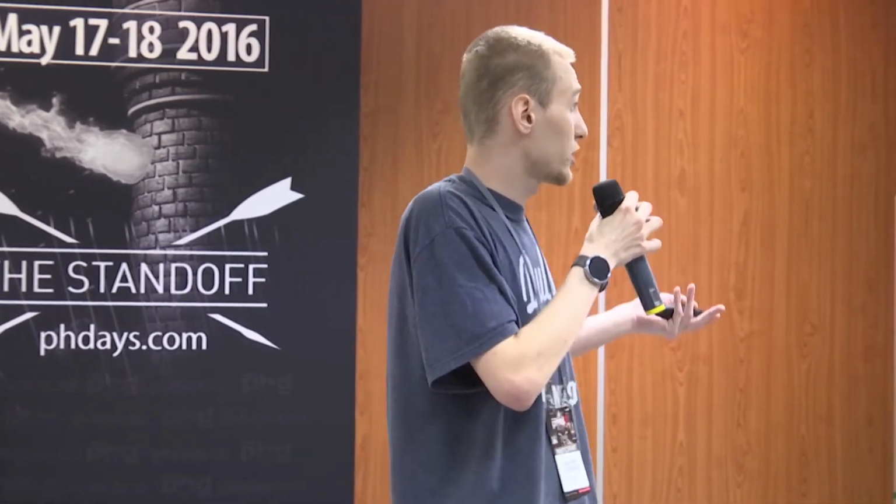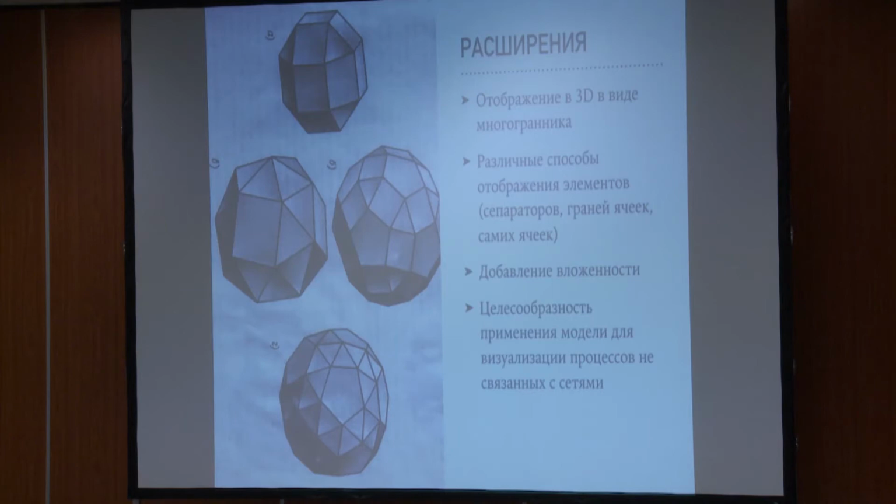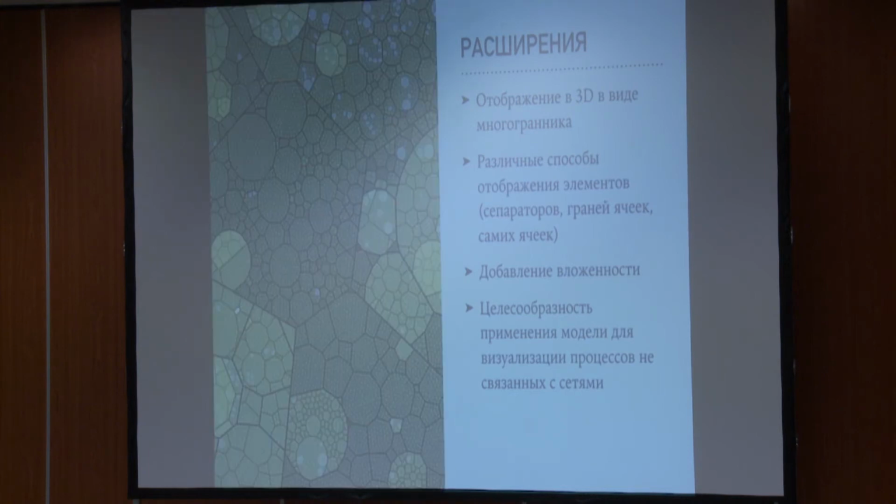It's a concept that we can expand further. For example, if we make a section out of it, we will have a prism. Then we can come up with different representations. We can show it in the form of cells and lines.